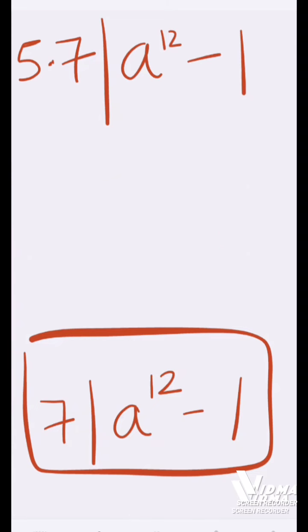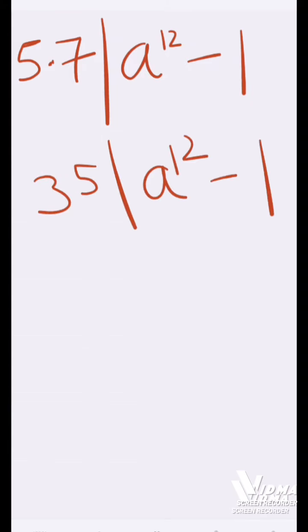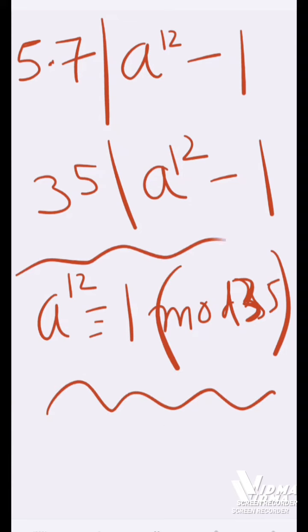And what is their product? Their product is nothing but 35. So 35 divides a raised to 12 minus 1, and which in other terms means a raised to 12 is going to be congruent to 1 mod 35, right? And this is what we required to prove. I hope it is clear.